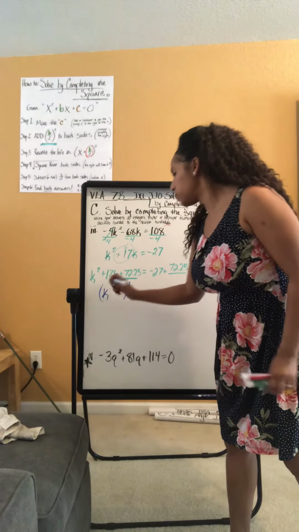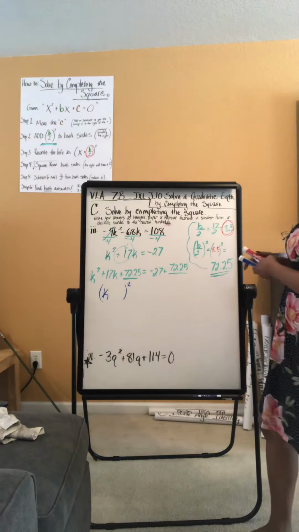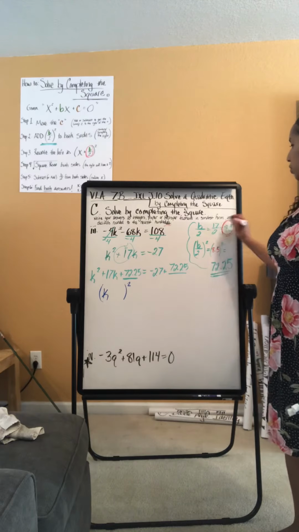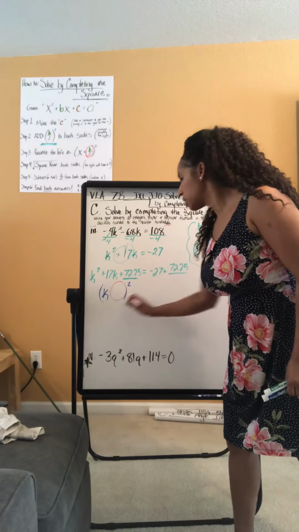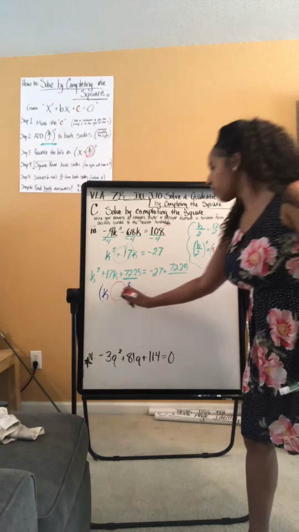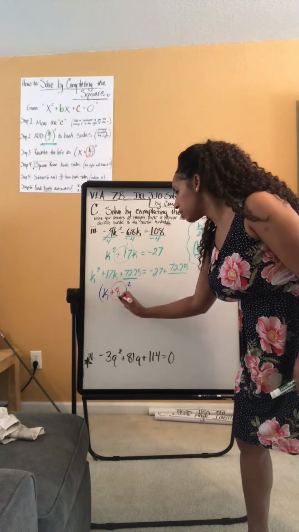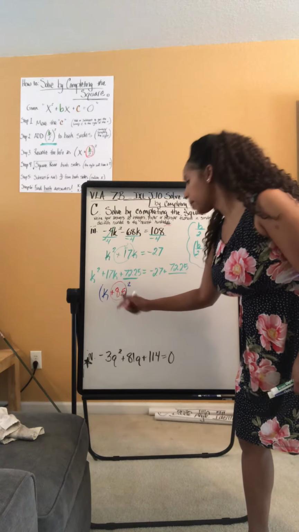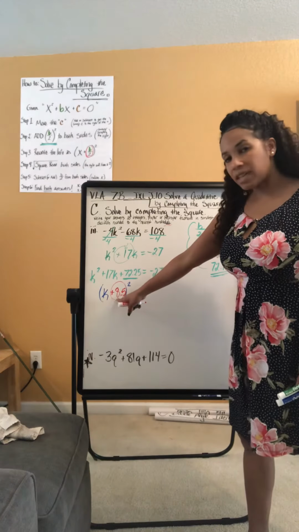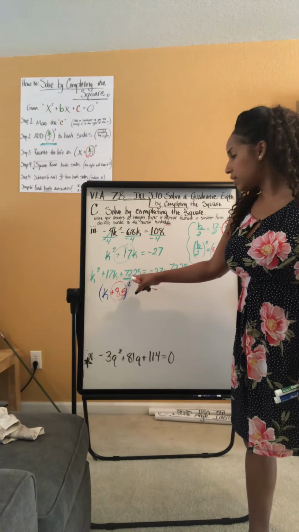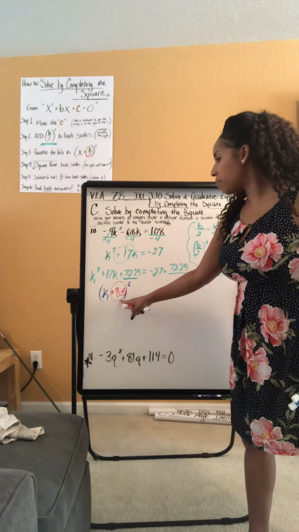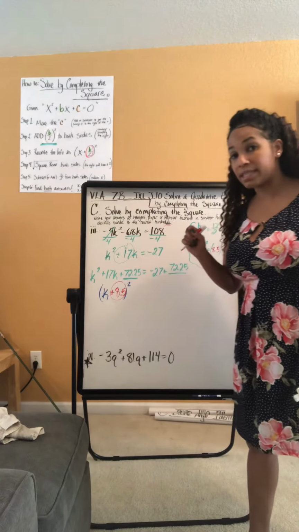My variable for now is k. And what goes in here is the b over 2, which in this case is a positive 8.5. So 8.5 times 8.5 will multiply to 72.25, but 8.5 plus 8.5 actually adds to 17.